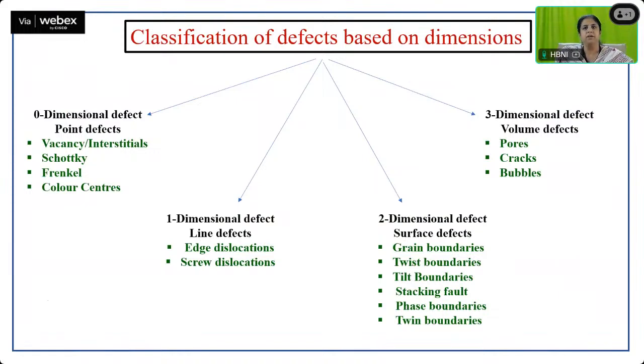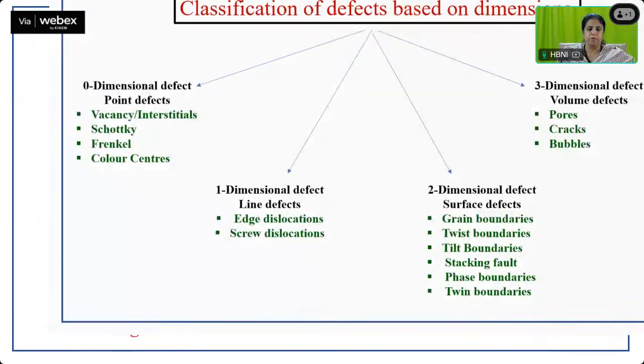And then of course, we have three-dimensional defect also called volume defect, and these occupy a three-dimensional area or the volume in the material. So these are like pores or cracks and also the bubbles. Okay.